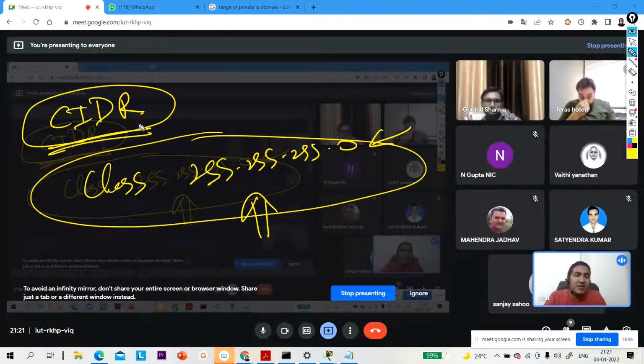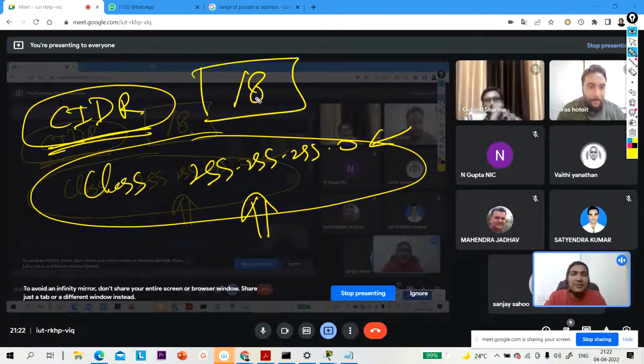Actually, the CIDR value is calculated from the subnet mask. For class A, the subnet mask is 255.0.0.0, so there are 8 network bits, so the CIDR value will be /8. The CIDR value tells us how many network bits there are. That's it.